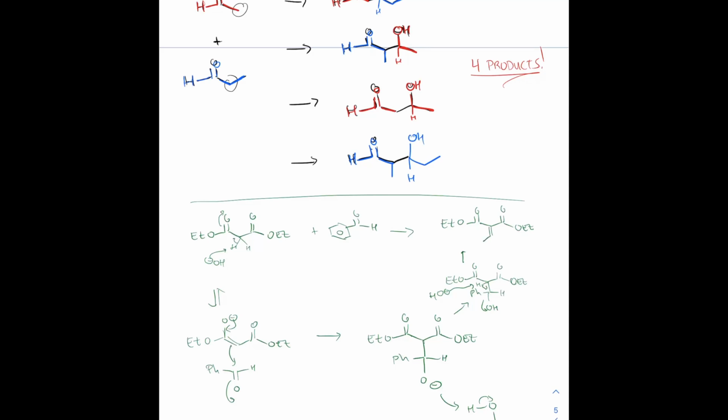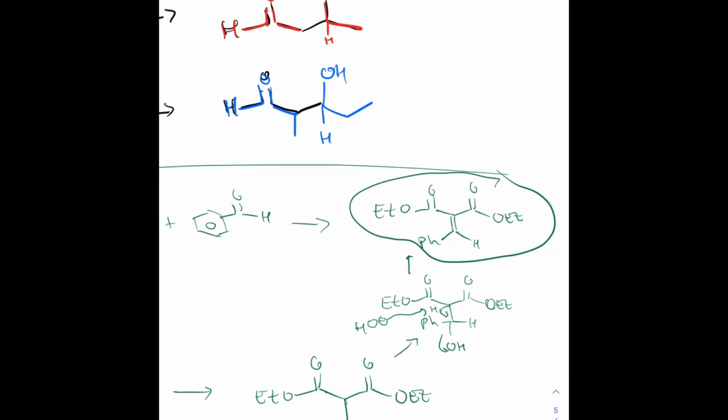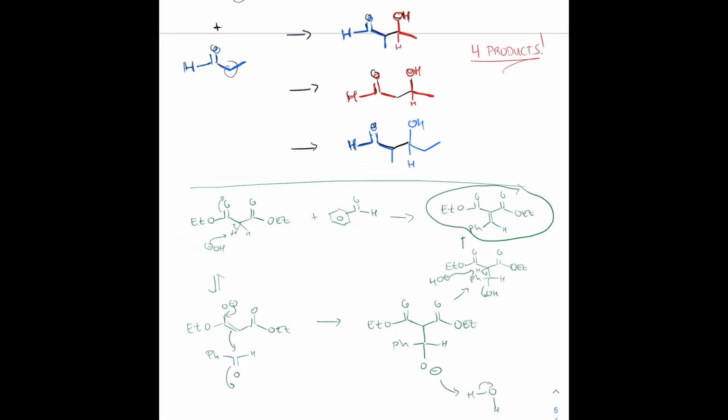So we are familiar with how these diesters can react further, and so we need to remember this from previous chapters. For example, hydrolysis with H3O plus, as well as heat, does some fancy cool rearrangements, and so we'll see that a little bit later. But let's get into directed aldol reactions.